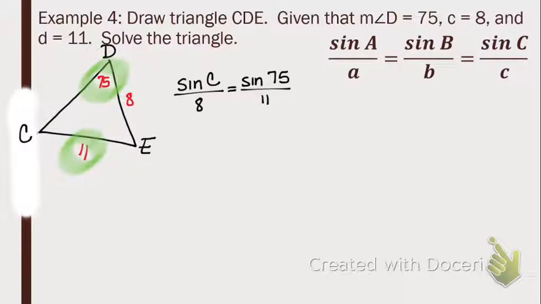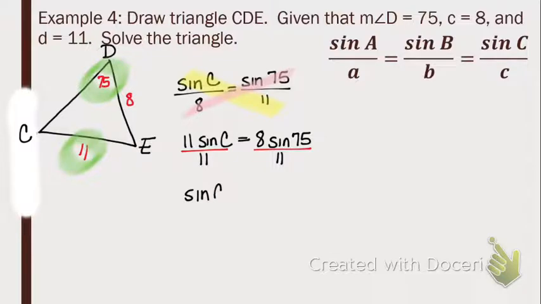So when I cross multiply, I have 11 times the sine of angle C equals, and then if I go the other direction, 8 times the sine of 75. Go ahead and divide both sides by 11. That gives me the sine of angle C equals 8 times the sine of 75 over 11.